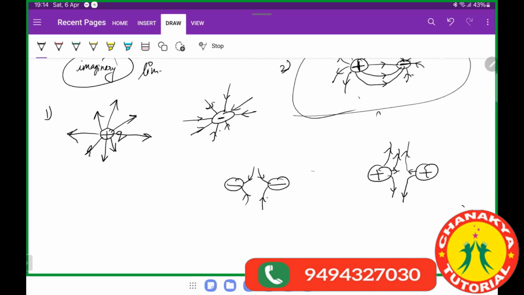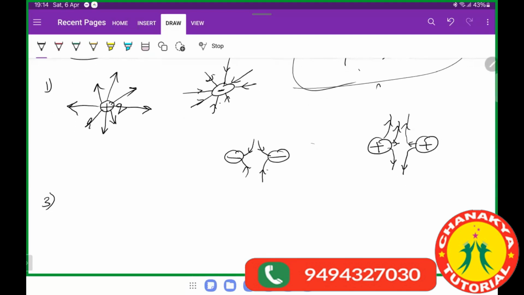So let's see the third point here. Like the magnetic force, we can make it here. If you remember a magnet, north and south, we say it's originating from north, terminating in south. Emerging from north, merging in the south.